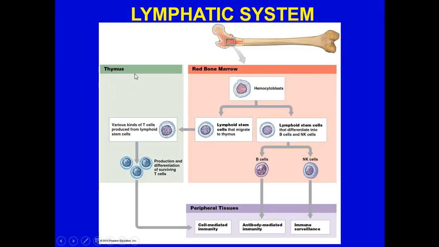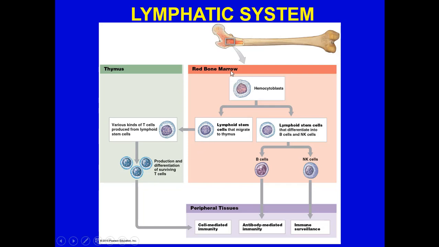When we talk about the thymus, I've talked about this. This is where you do the filtering and processing for the T cells. They get prepared. And what you also have is that lymphoid stem cells will be oriented in such a way so that they will be ready to differentiate into their respective types, whether they're cytotoxic T cells, helper T cells, or regulatory T cells. Okay?